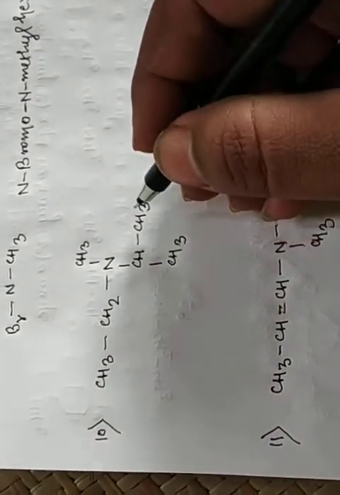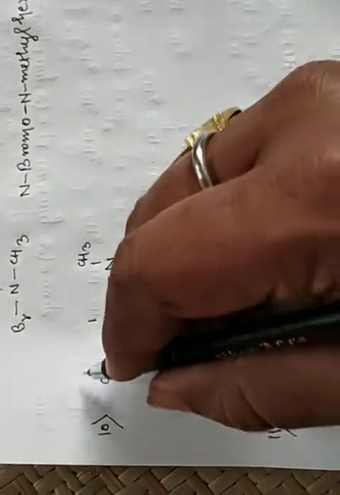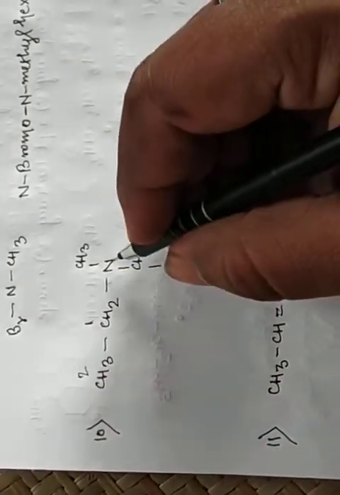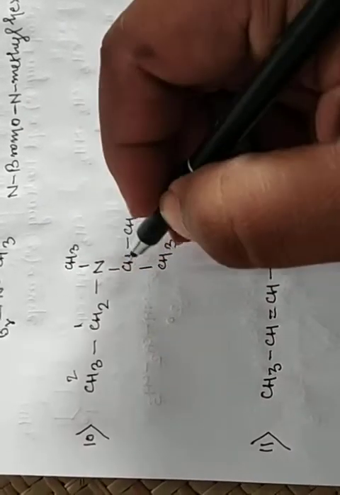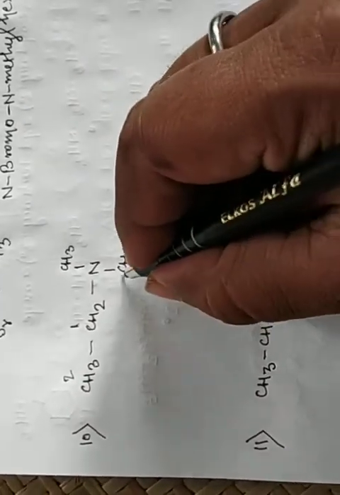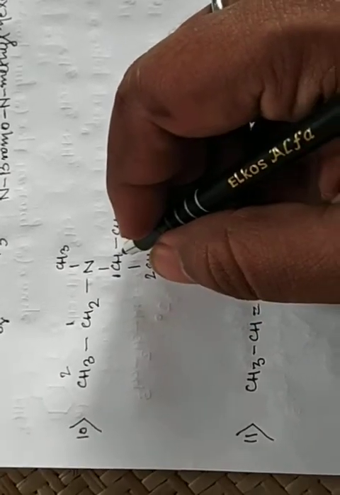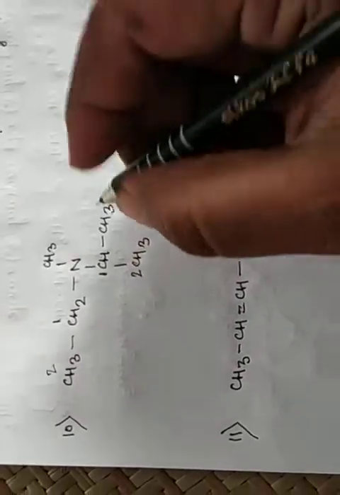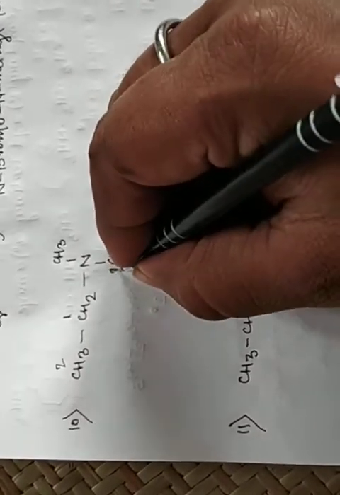1, 2, 1, 2 and 1, 2, same. So now this 1, 2 is the longest, and N contains 1 methyl, and this is also 1, 2. Yeah? Clear? And the same in this case there is 1, 2, 3. This is the longest.